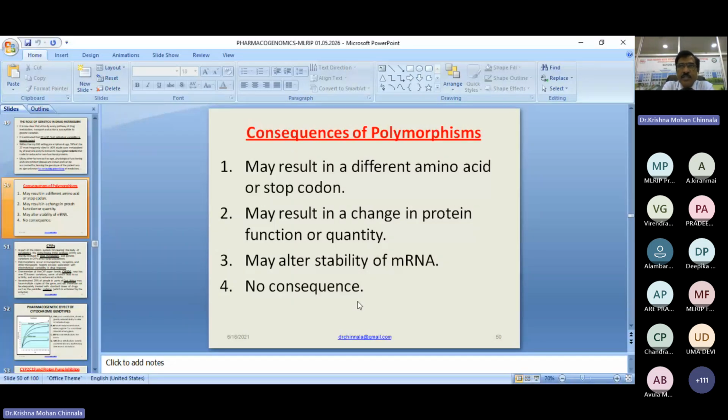If less quantity is there, maybe a subtherapeutic level, and if more quantity of the drug and more receptors are there, you may get a hypersensitive reaction also, right? It may alter the stability of mRNA, then no consequence happens, no action at all from the drug.